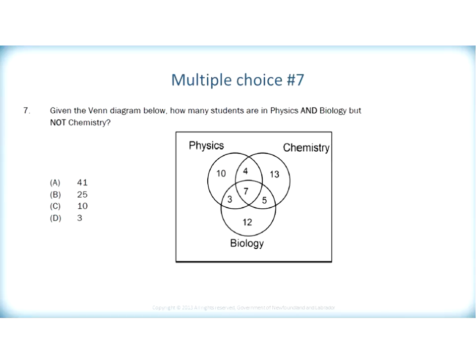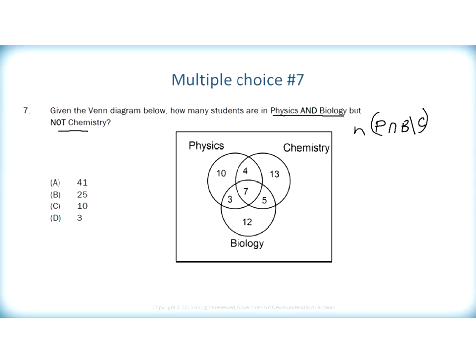In the Venn diagram below, how many students are in physics and biology, but not chemistry? What we're actually looking for is physics intersect biology minus chemistry. That's what we're looking for. The number of people in physics and biology, but not chemistry.